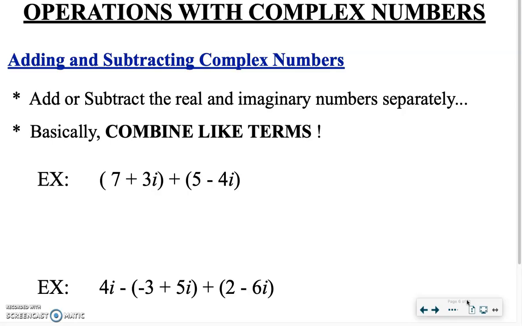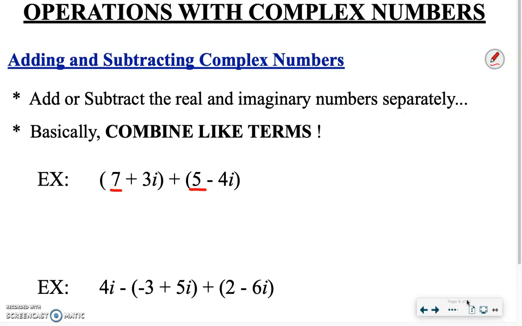I want to be clear: i is not a variable. It's an imaginary unit, but we treat it just like a variable. I cannot add imaginary numbers with real numbers, but I could add two imaginaries together, and we can obviously add two reals together. So we're just going to do it separately.